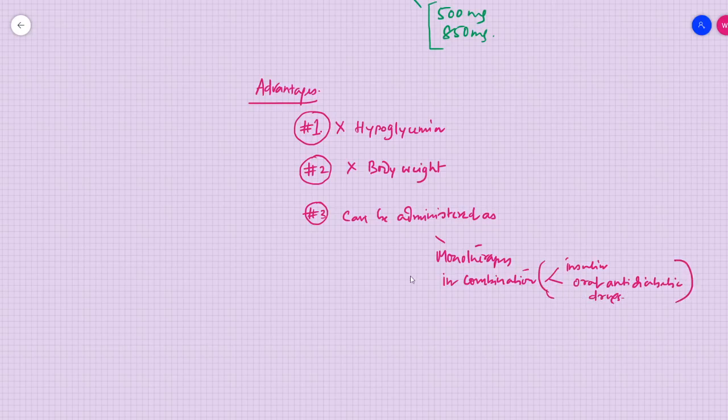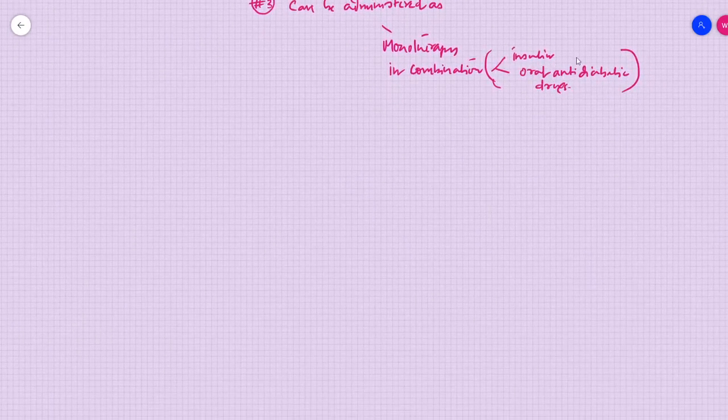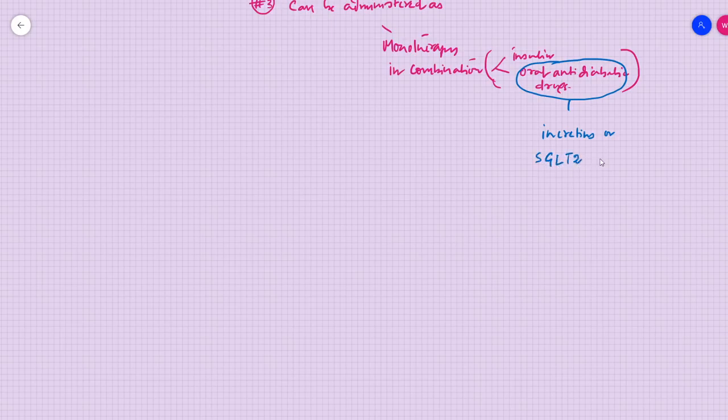But the recommended oral anti-diabetic drug with which metformin should be combined is either incretins or sodium glucose transporter 2 inhibitors.